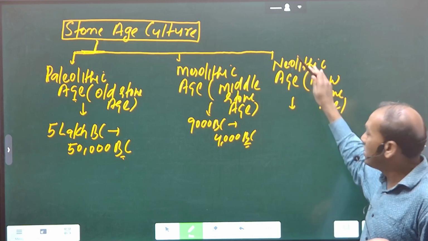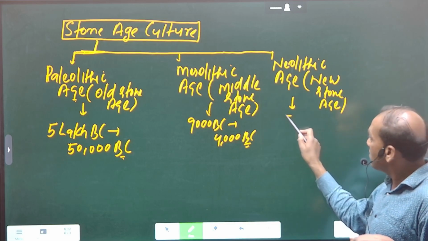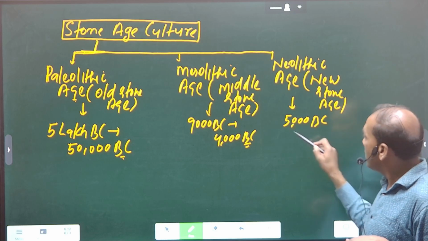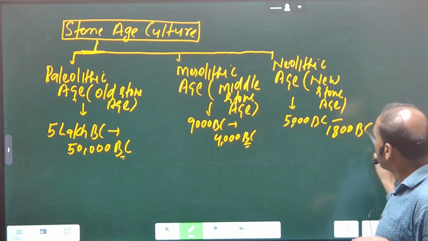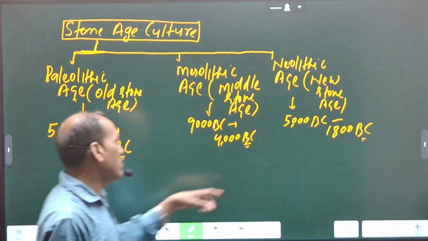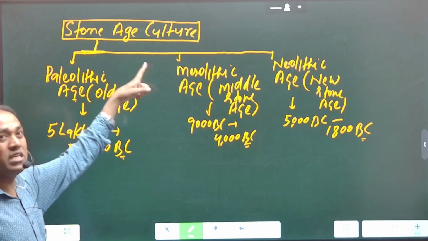And the time period given for this Neolithic age is 5000 BC to 1800 BC. So this is Stone Age culture.